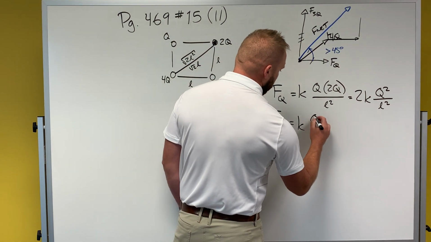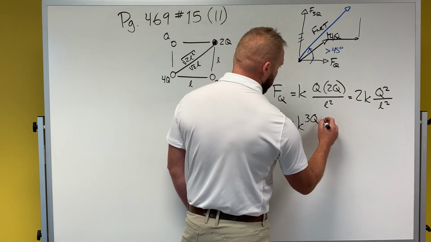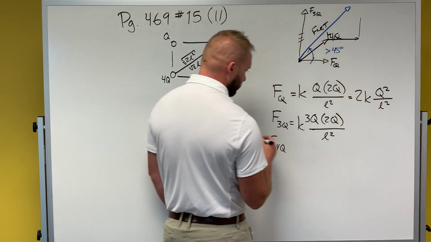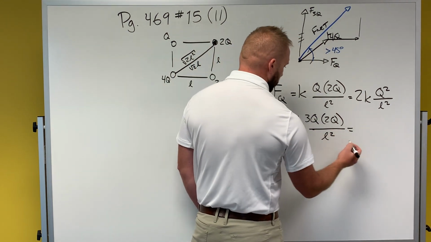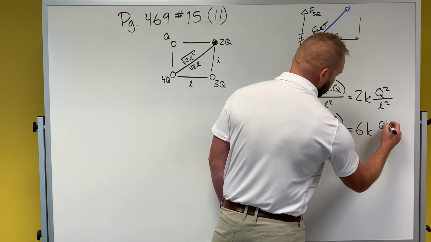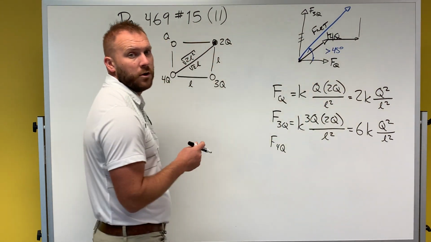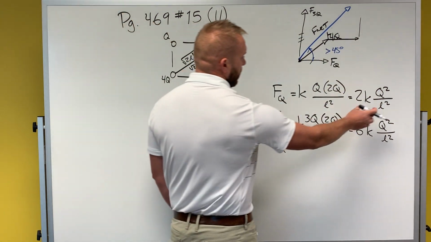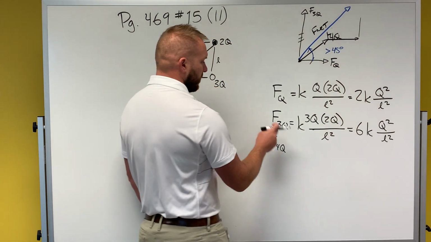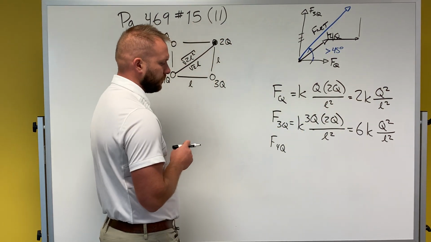F3Q is K, 3Q times 2Q over L squared, which is 6KQ squared over L squared. So we can see that that is 3 times larger, right? These variables are all the same. So this F3Q is 3 times larger than FQ.